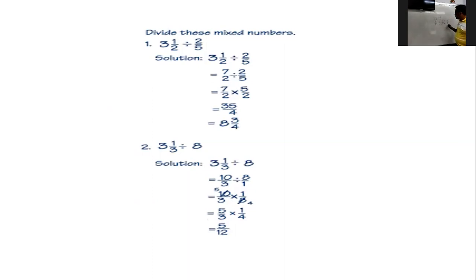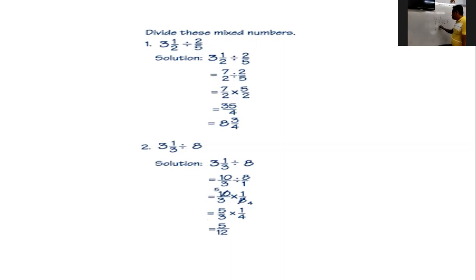Then find the factors of 35 and 4. So what are the factors of 35 and 4? 35 is 5 times 7, and 4 is 2 times 2.